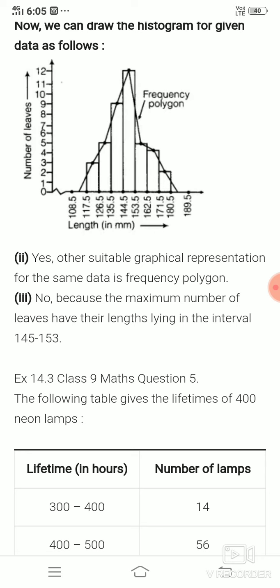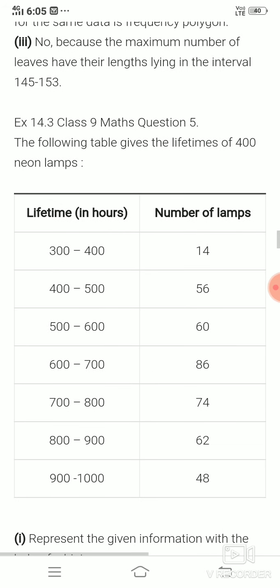In the polygon we draw lines through points A, B, C, D and so on, but for the histogram alone there is no need for the points. The answer is that the maximum number of leaves have their length lying in the interval 145 to 153.